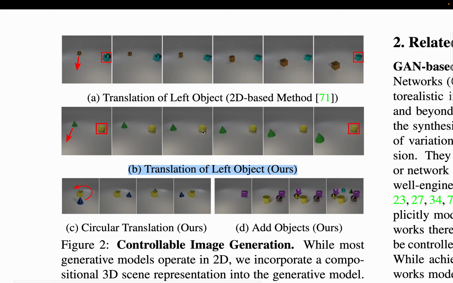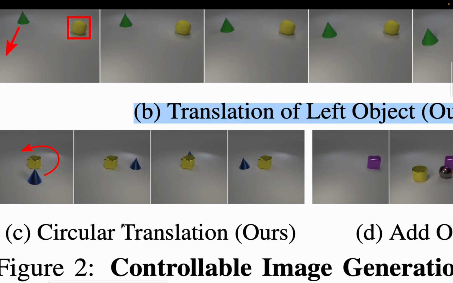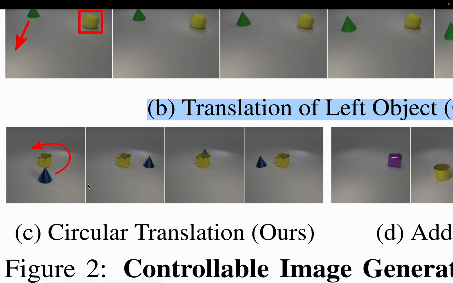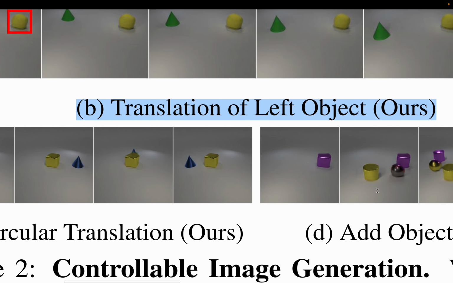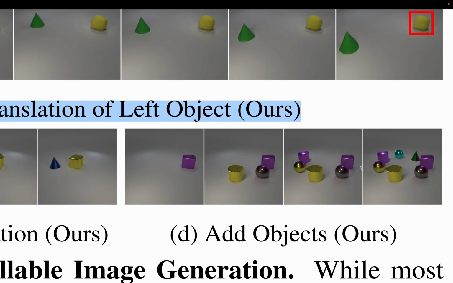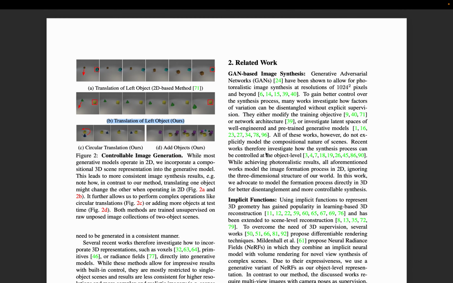That's very powerful. Here they are making a circular translation, rotating the cone around the cube. And here they're adding objects to the scene. That really gives you a lot of controllability, and that has a lot of applications in the real world.